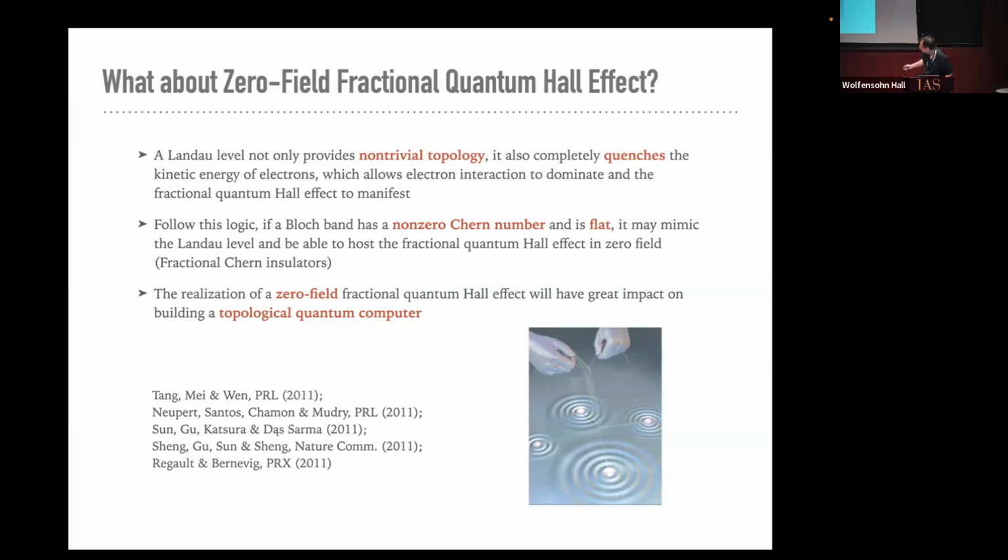So in the year 2011, a bunch of papers appeared. People started talking about this flat Chern band, and in this paper and those two papers, exact diagonalization studies were performed to really confirm that indeed the flat Chern band can host the fractional quantum Hall effect.